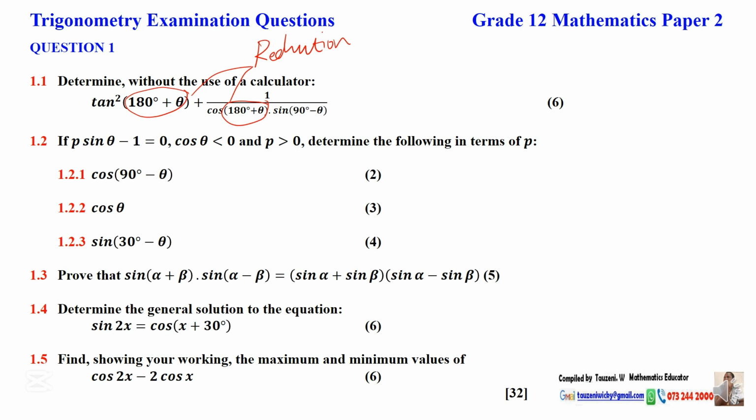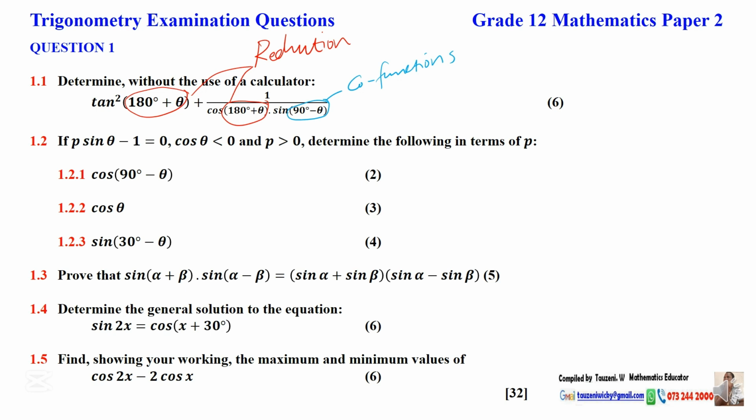If I see 90 minus theta or 90 plus theta, then it means co-functions. After co-functions, you are followed by identities. Tan theta is equal to sine theta over cos theta, cos squared theta plus sine squared theta is equal to 1. And then you simplify.